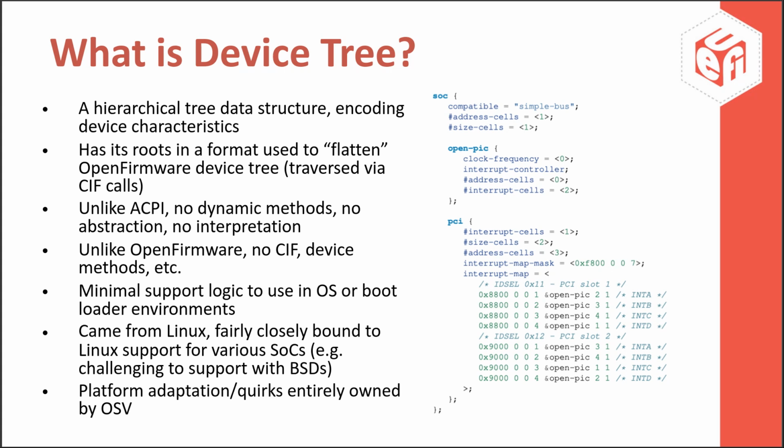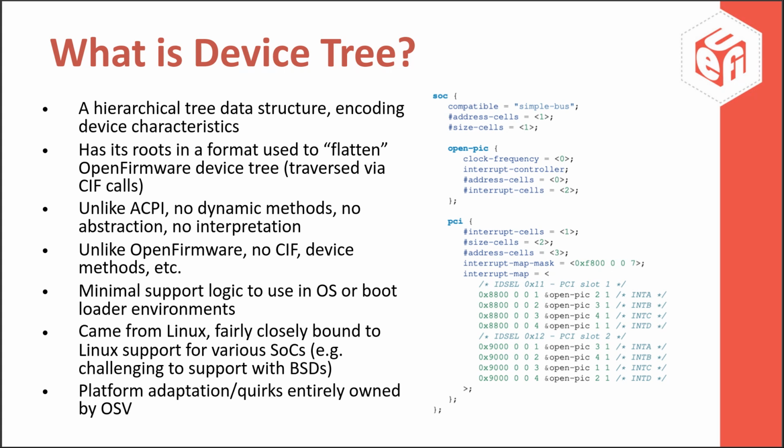Device tree came about and was adopted in the early tens of this century as a way to solve issues supporting different kinds of PowerPC and ARM platforms, and of course different adaptations of these platforms. The great thing about device tree, of course, is the minimal logic needed to support it. It did come from Linux and is actually very closely bound to Linux.